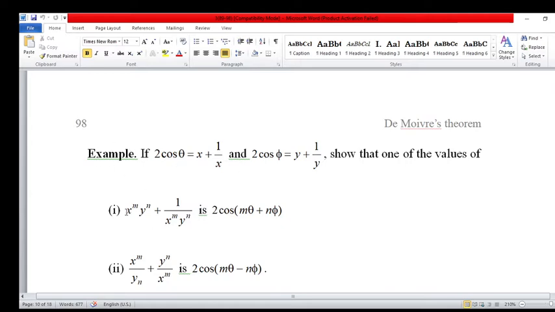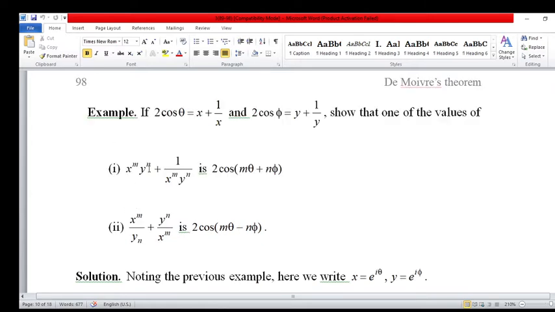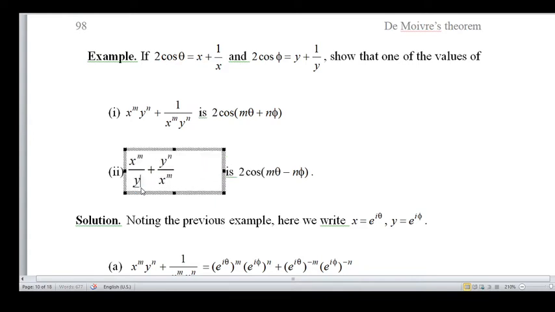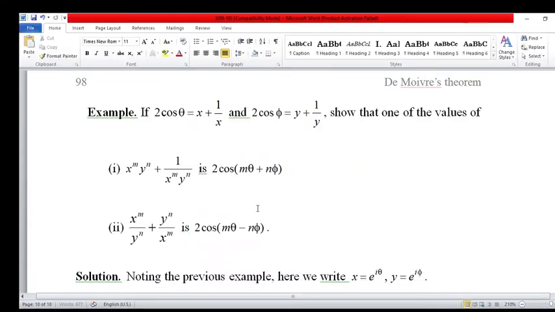Then x raised to the power m, y raised to the power n plus 1 upon x raised to the power m, y raised to the power n is equal to 2 cos of m theta plus n phi, and the other one, x raised to the power m y raised to the power n minus y raised to the power n upon x raised to the power m is equal to 2 cos of m theta minus n phi.